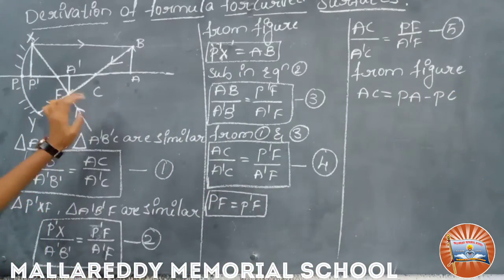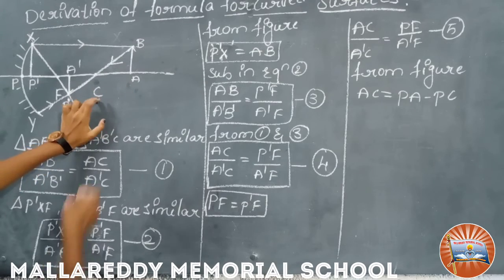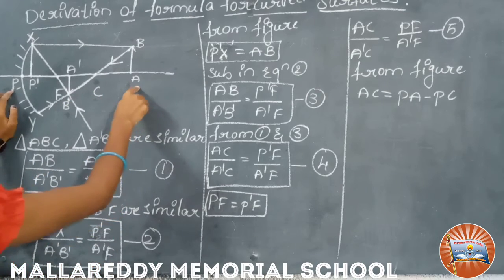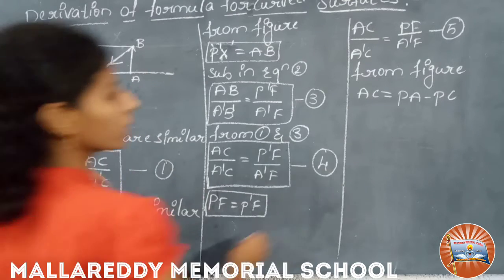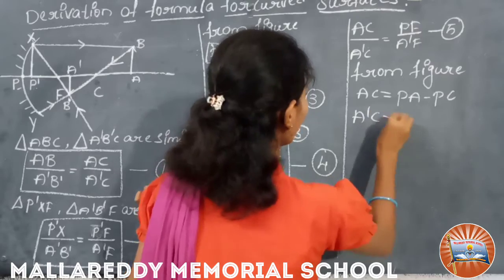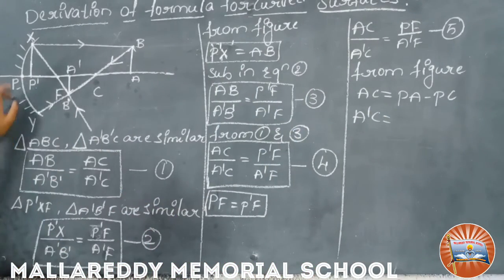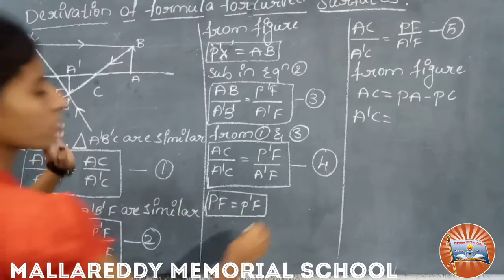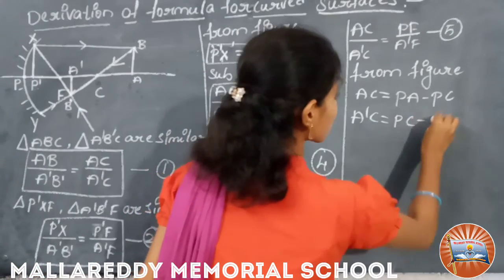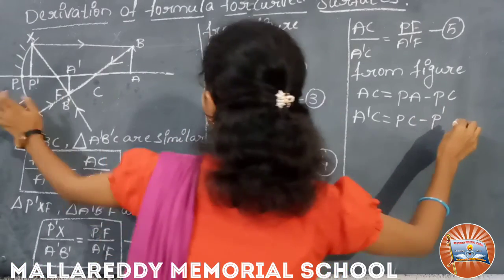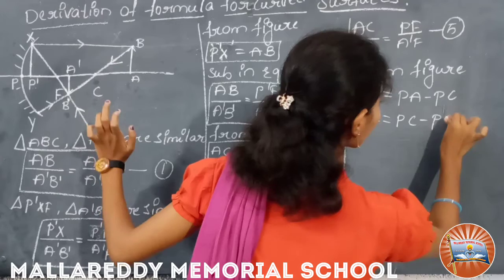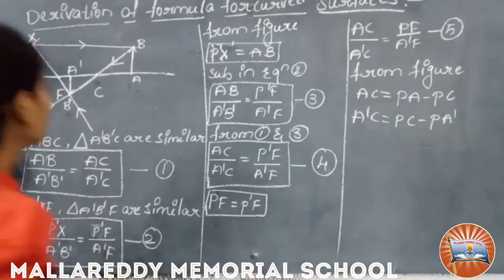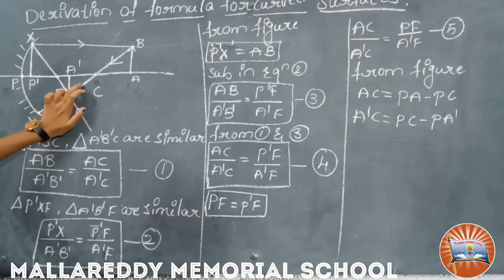From the figure, AC is equal to PA minus PC. And A dash C is equal to PC minus PA dash. Now one more thing, we can write this from this figure.